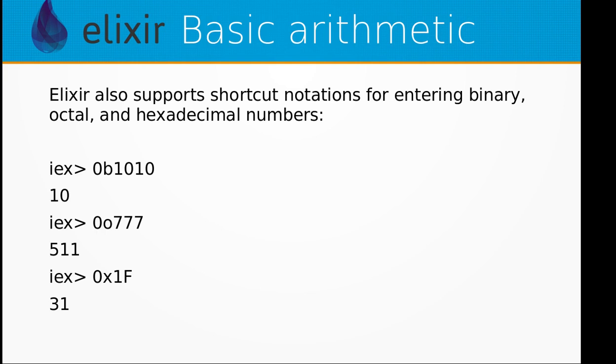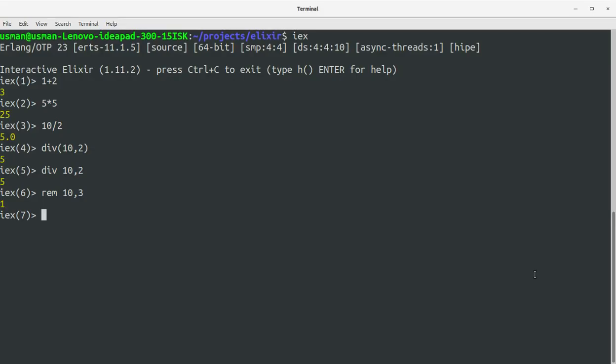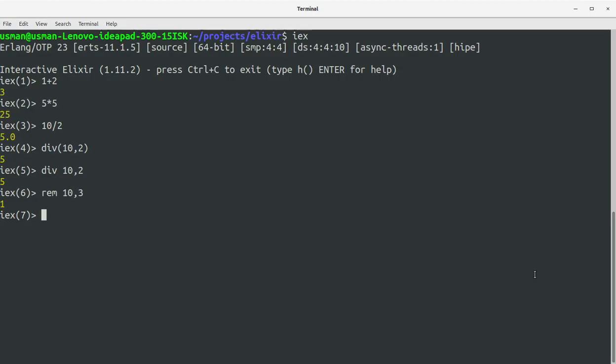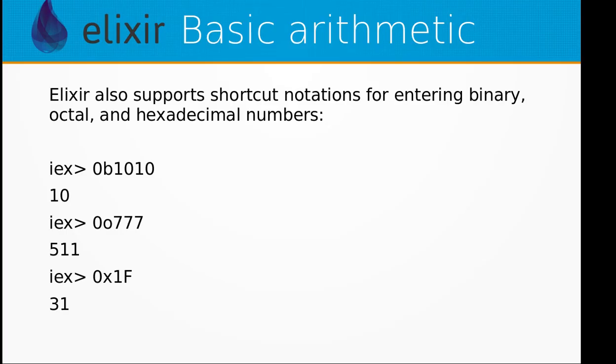Elixir also supports shortcut notations for entering binary, octal and hexadecimal numbers. So let's try these. Okay, so we have 0b1010, so we got 10.